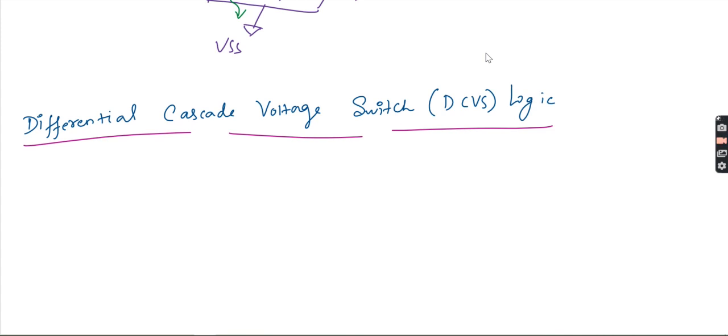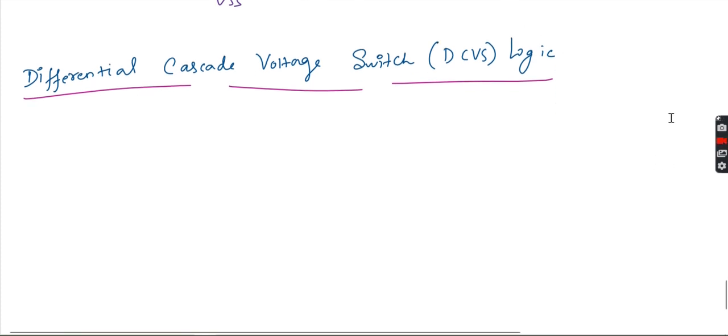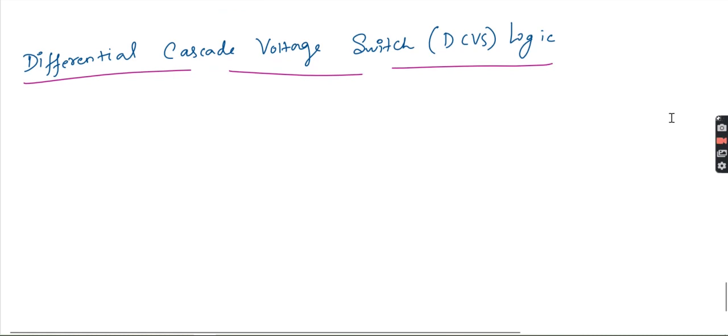Before entering into this, let us draw the general structure of this. The general structure: the pull-up network is nothing but two PMOS transistors.